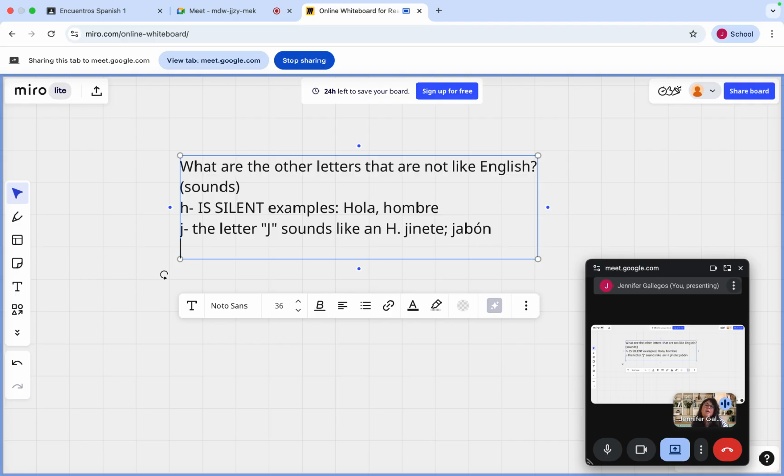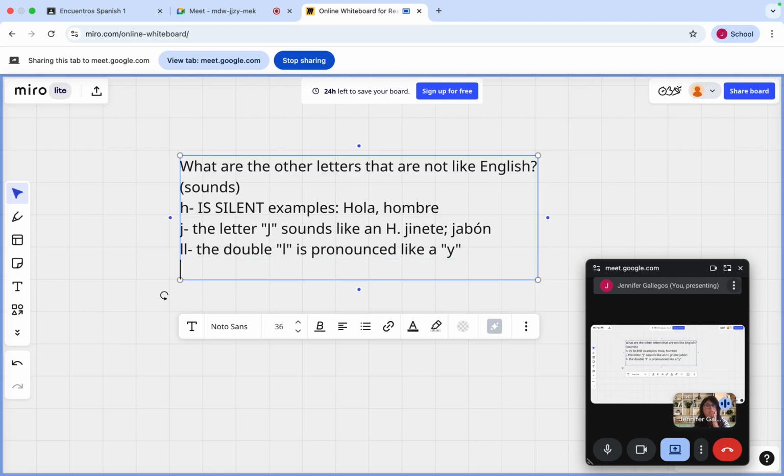All right, now Spanish also has some letters that we don't have in English, and one of those is the LL. So when you see two L's, the double L is pronounced like a Y. Okay? So if you think about my last name, you'll see a lot of the rules that we've just talked about.